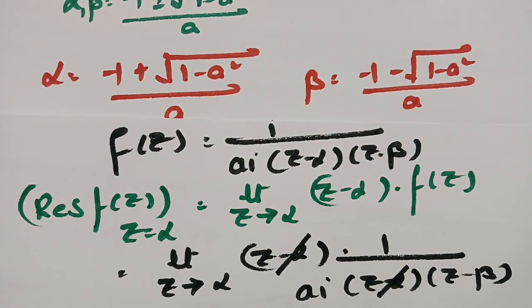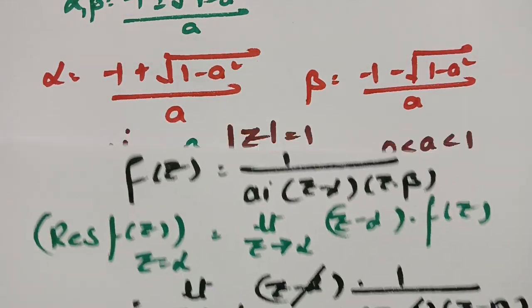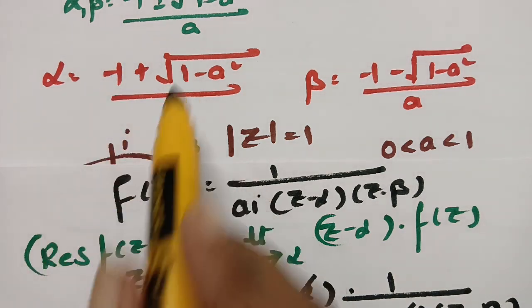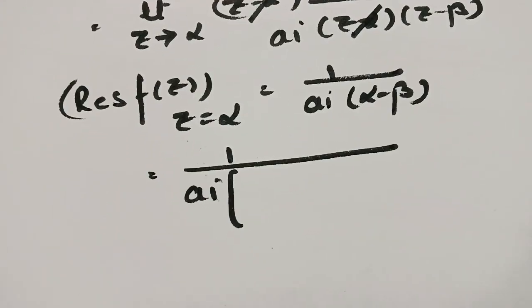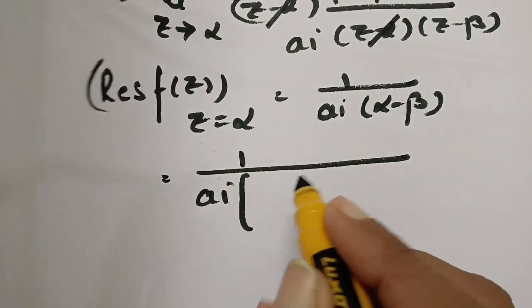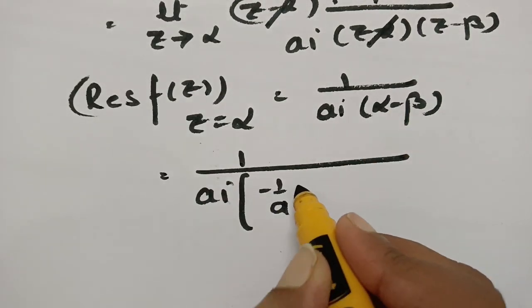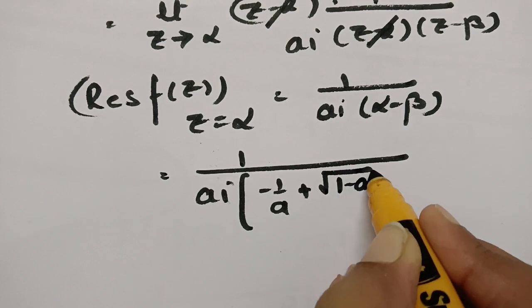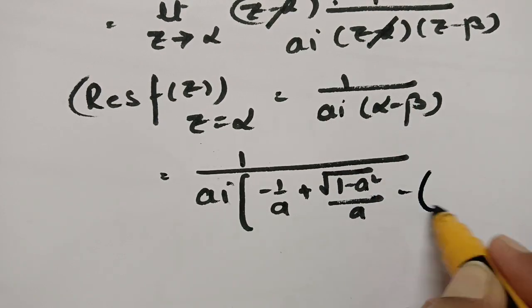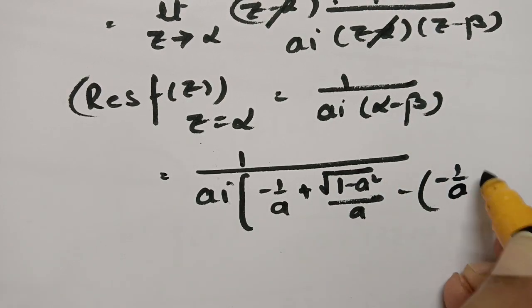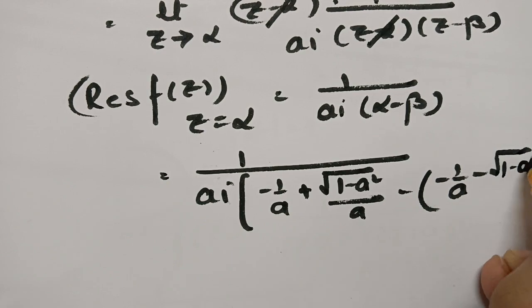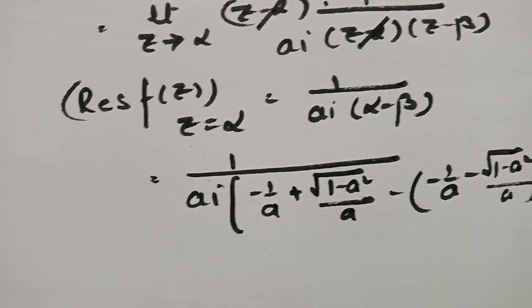Therefore this value is equal to 1 by ai times of alpha, which is minus 1 by a plus root over 1 minus a squared by a, minus beta, which is minus 1 by a minus root over 1 minus a squared by a.